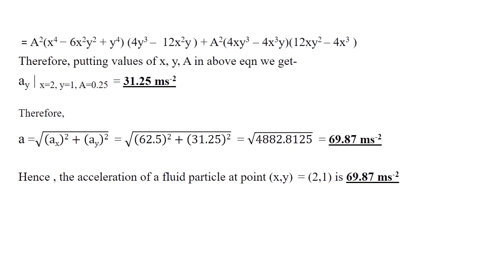So we will put here the values that we have got of ax and ay, then we will square it, and after the calculation we will get A is equal to 69.87 meter per second square. So this is the acceleration of fluid particle at point x comma y is equal to 2 comma 1, which is 69.87 meter per second square.